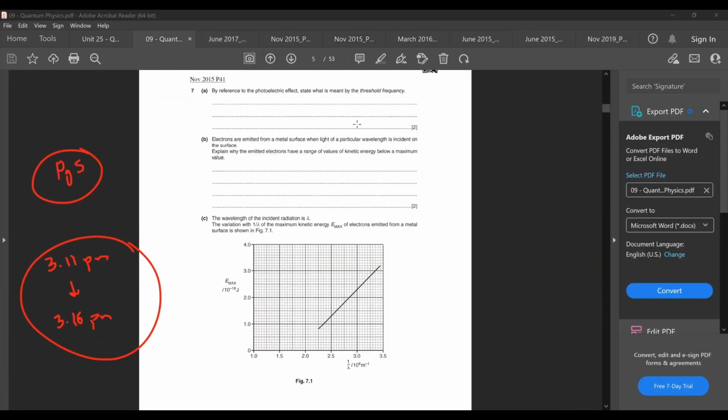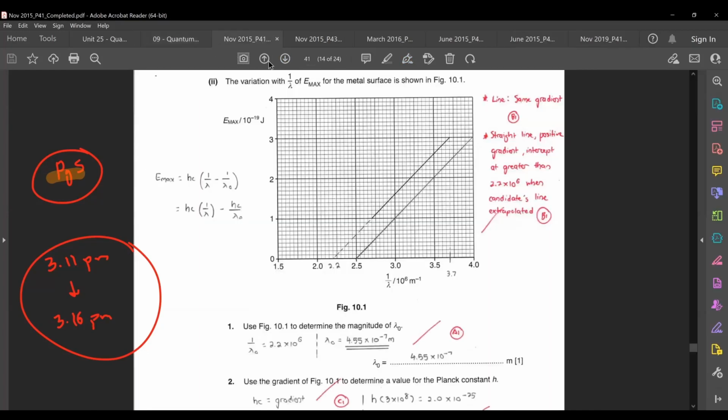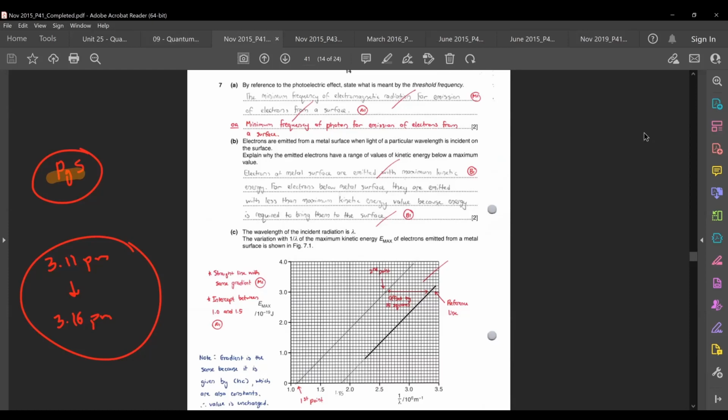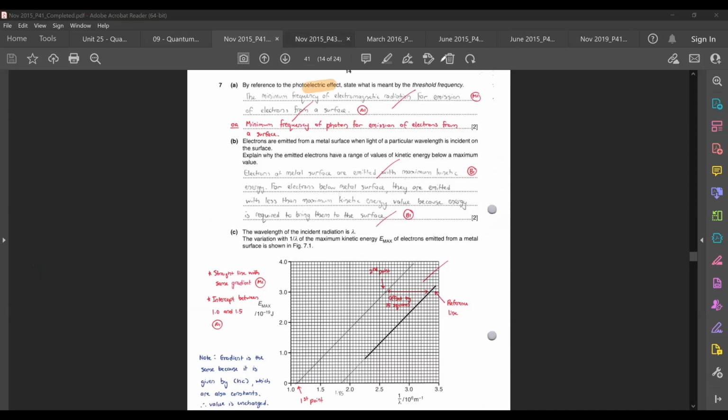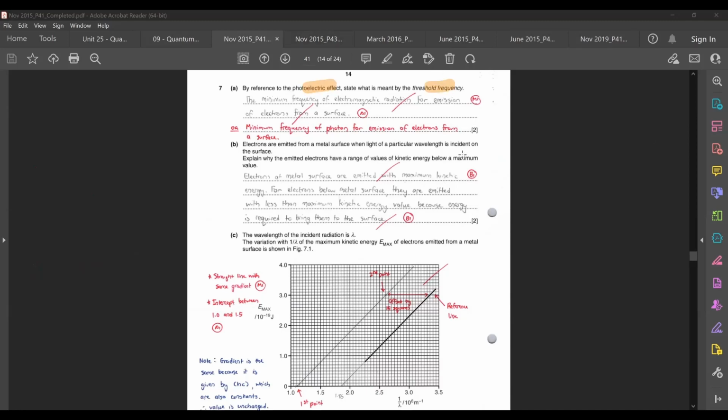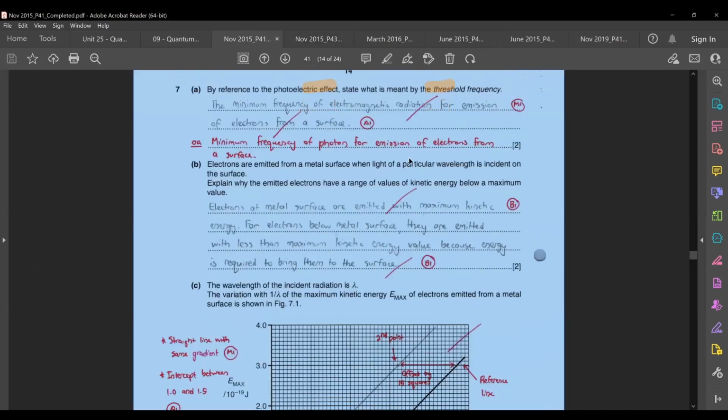Okay, so if you just have a look at page 5 of your worksheet, this one is November 15 P41. So for this particular question here, by reference to the photoelectric effect, what is meant by the threshold frequency? We already learned this earlier.